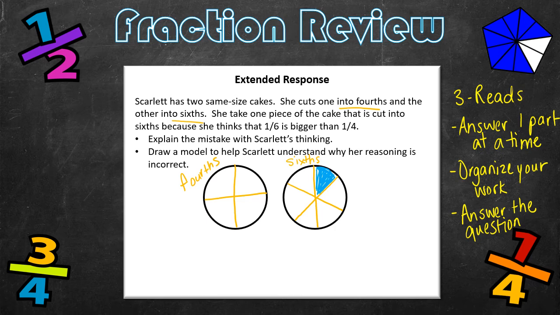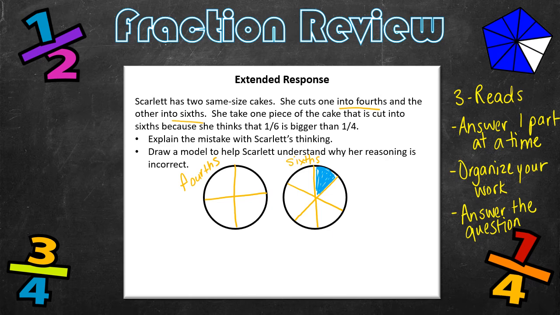Explain the mistake with Scarlett's thinking. Well, I think the mistake with Scarlett's thinking is that she's thinking of a 4 and a 6 as whole numbers instead of as part of a fraction. When you have a fraction, the bigger your denominator is, the smaller each part is going to be.